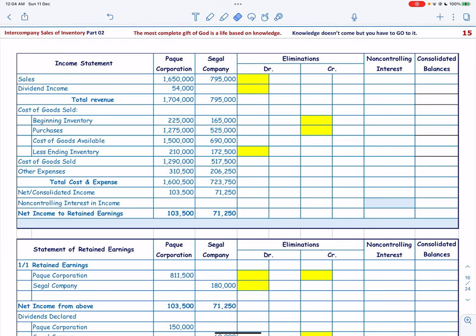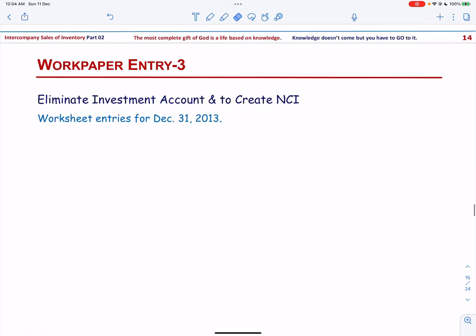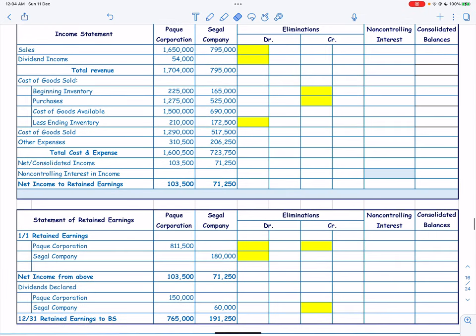For how much? 27,000 for P Company. So this is the first journal entry.